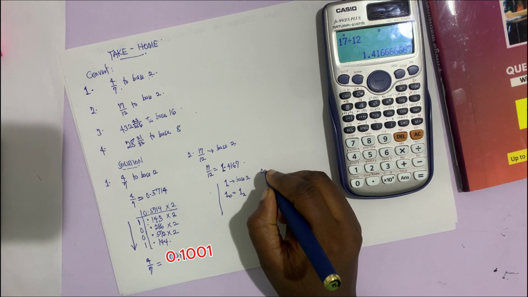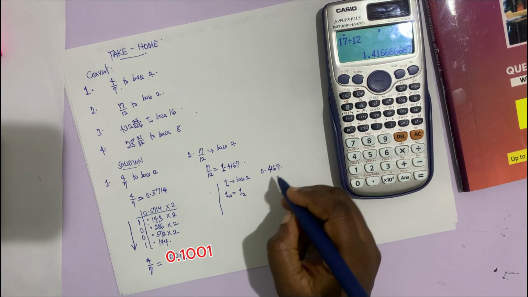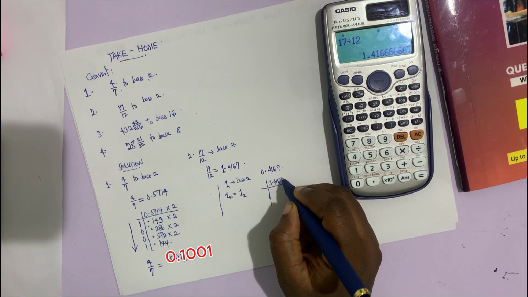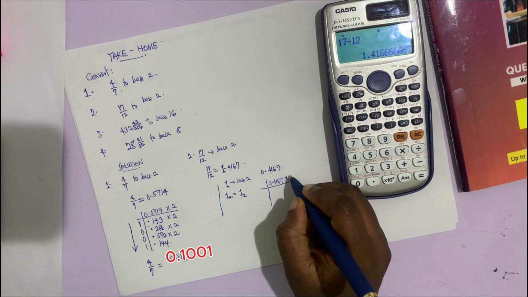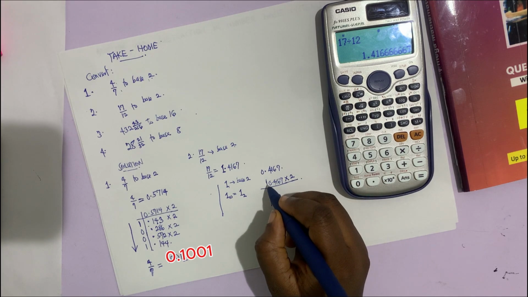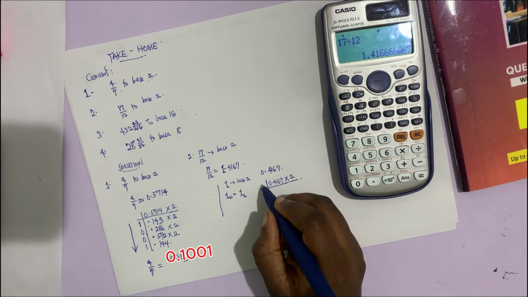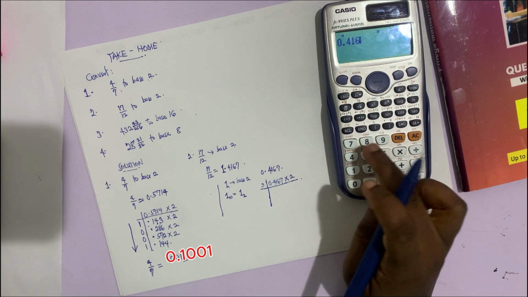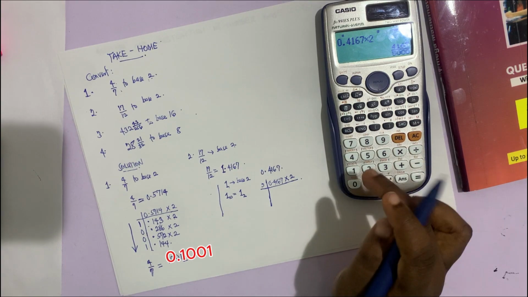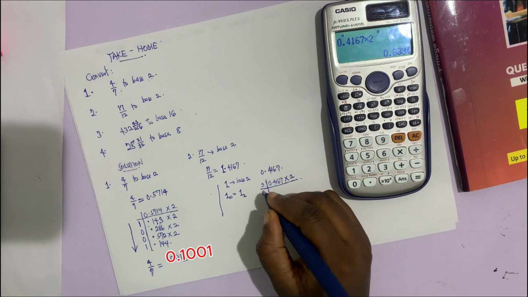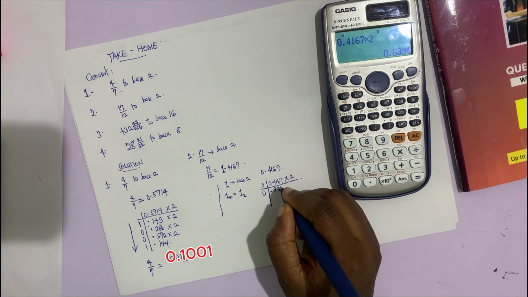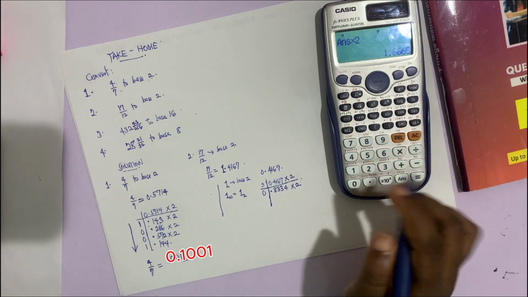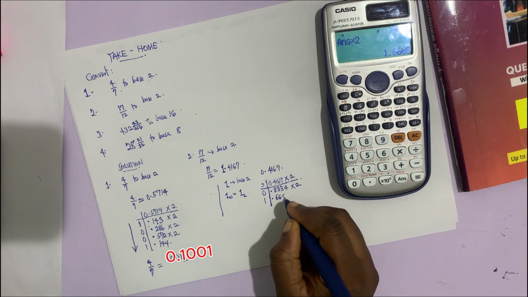So then the fraction part, 0.4167, we convert that by continuously multiplying by 2. So 2 times 0.4167 will give us 0.8334, times 2 will give us 1.668.